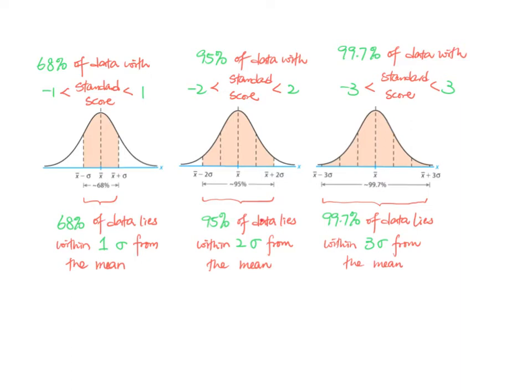And 95% of data lies within 2 standard deviations from the mean. In other words, those data have standard scores between -2 and 2. And 99.7% of data lies within 3 standard deviations from the mean. So the standard score for those data are between -3 and +3.